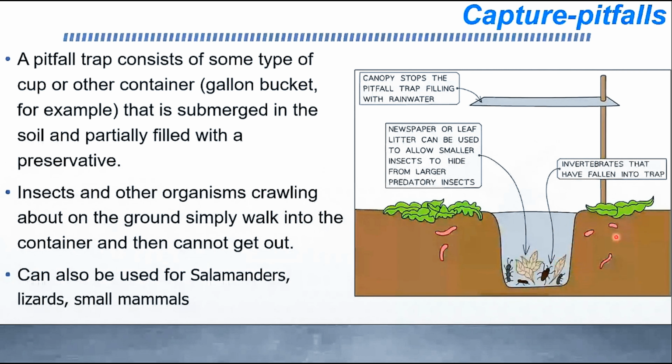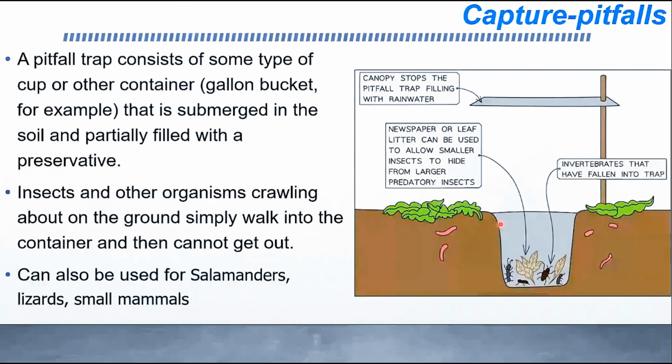This can be used for insects, reptiles, amphibians, and even for small mammals. Okay, so this is a very commonly used method called the pitfall method of capturing animals to understand the diversity and also the abundance in a given area, right?